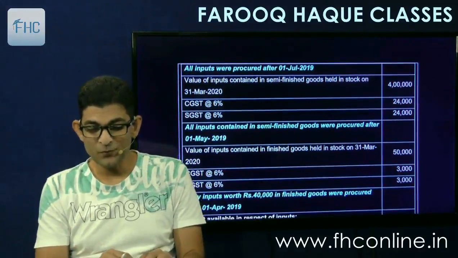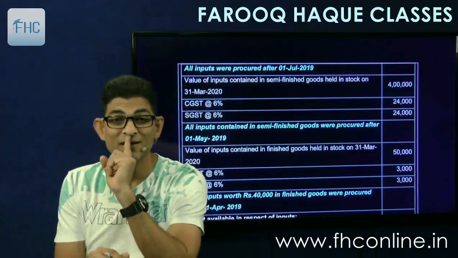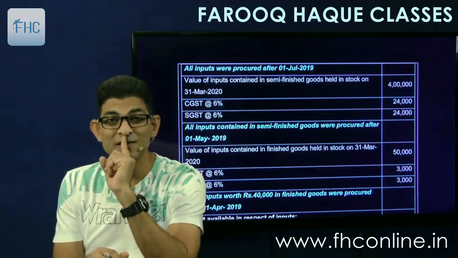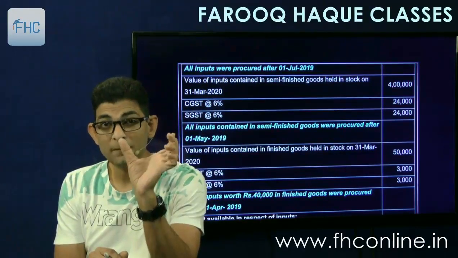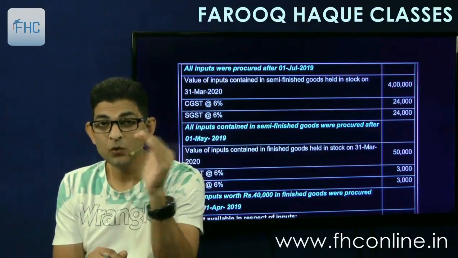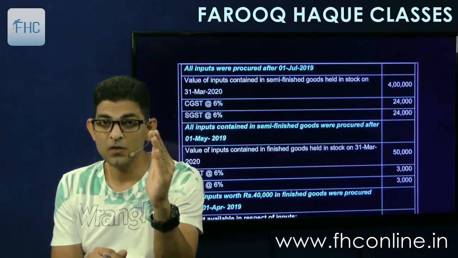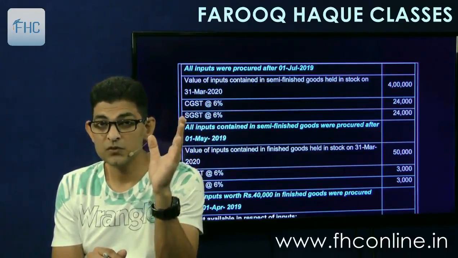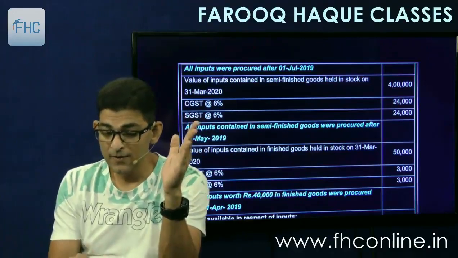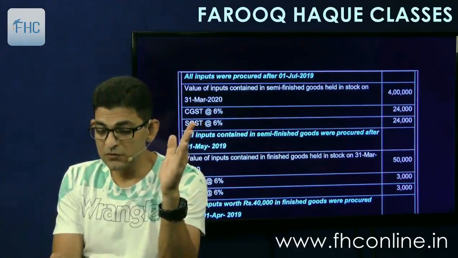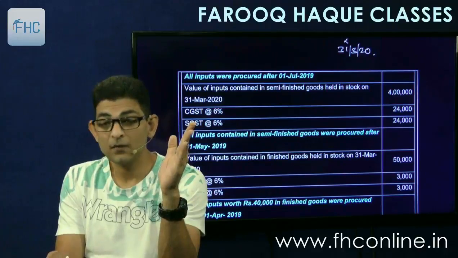All these inputs were procured after 1st July 19. Now this statement is very important because in Rule 40 we had seen that the invoice should be 1 year old maximum. If it is more than 1 year old, then you cannot take the credit. So credit can be taken only on the basis of an invoice which is within the last 1 year. We are calculating the stock on 31st March 2020, right?